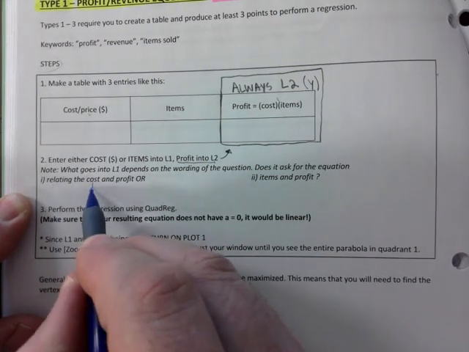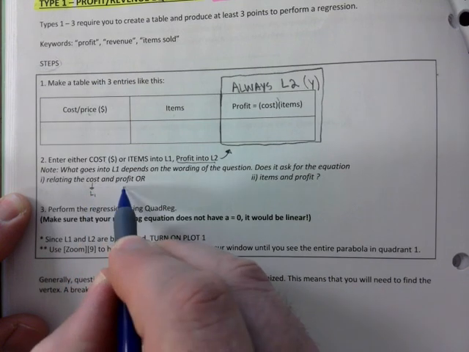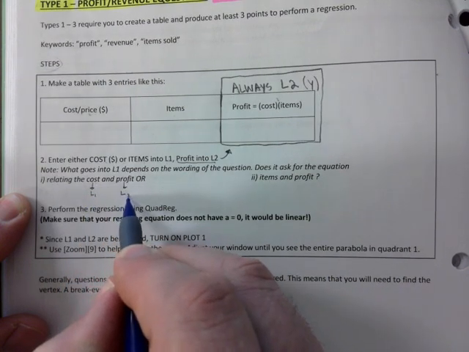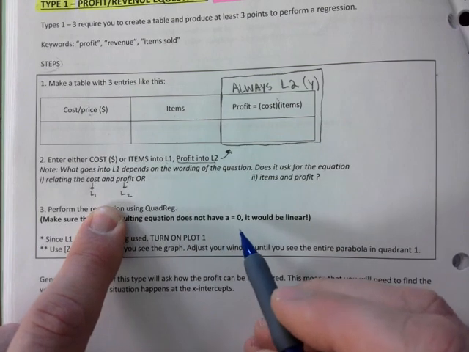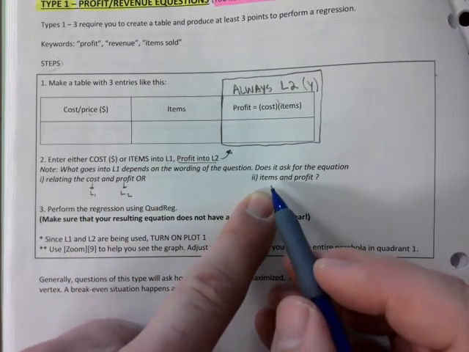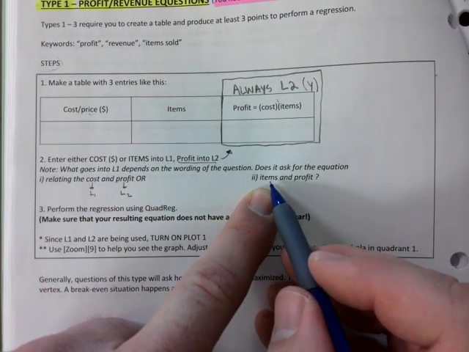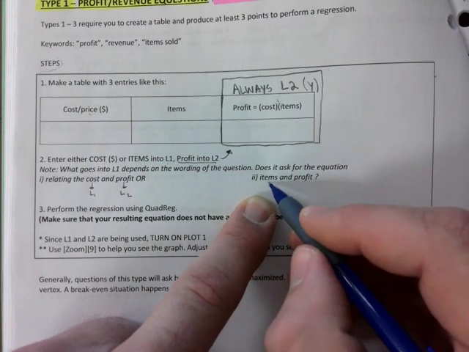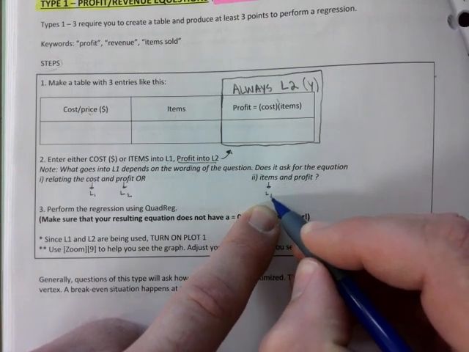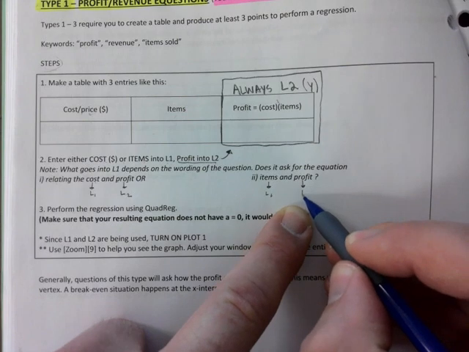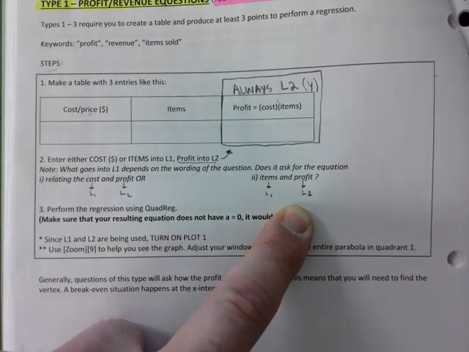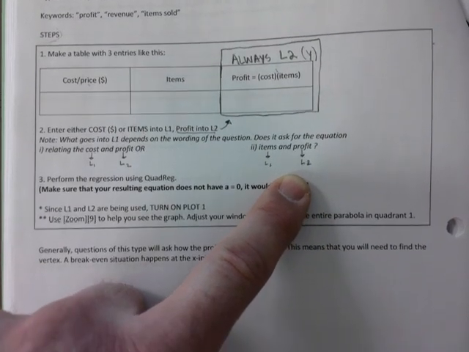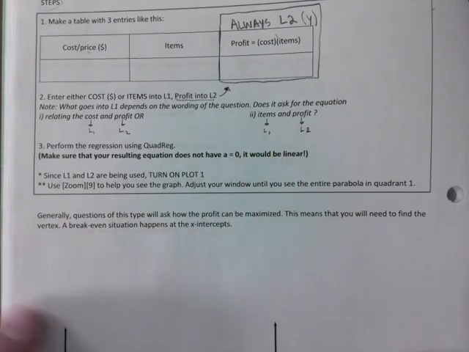If so, then you would put the cost into L1 and the profit into L2. If it says, hey, find the equation that relates the items sold and the profit, then you put items into L1 and profit into L2. Okay. So you're just going to have to watch out for that.